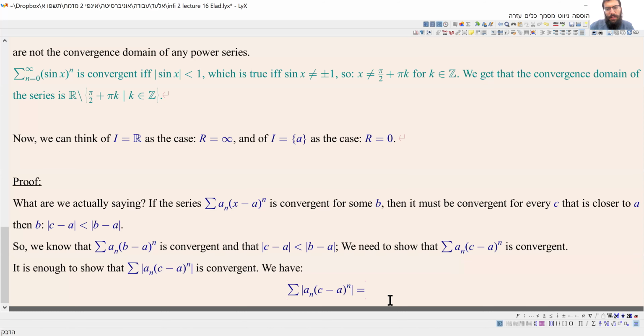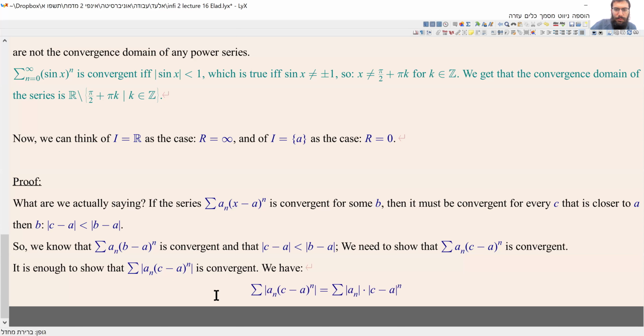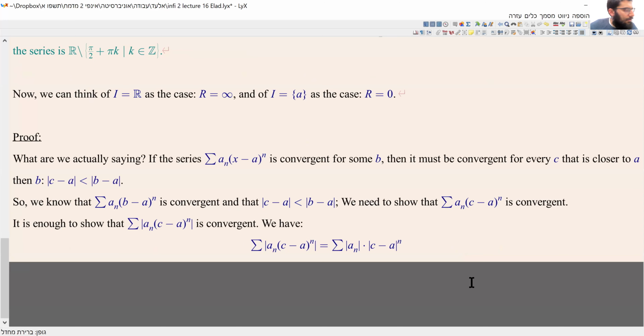First of all, we can write it down as the absolute value of a_n multiplied by the absolute value of c minus a to the power of n. Absolute value is a multiplicative function, so with powers and multiplication we can put them in, put them out as required.